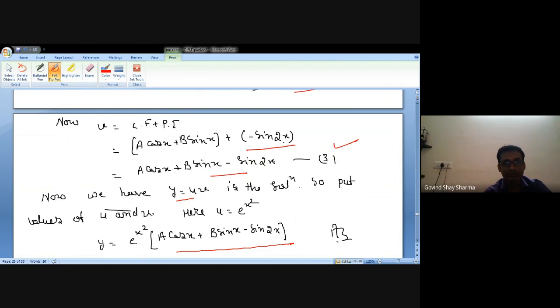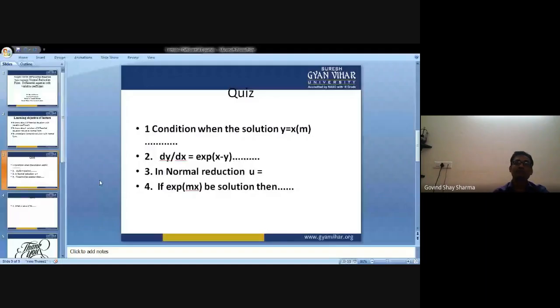Now we come to the students' quiz. Under what condition is the solution of y equal to x to the power m? Then we replace with e to the power x and, with variable separation, get the value.